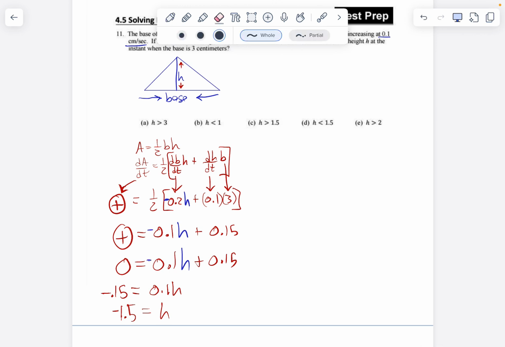Well, it doesn't change the whole process. Good catch. I just read right over that. There we go. Is that better?